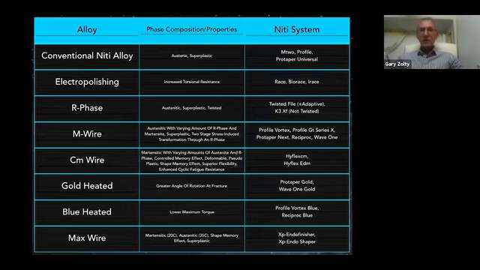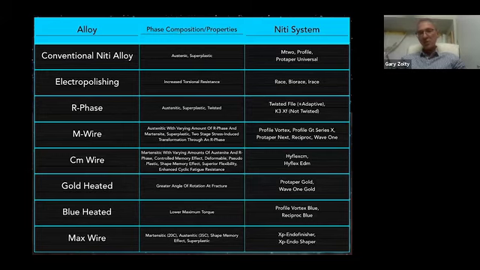For example, the ProFile Vortex, ProFile GT Series X, ProTaper Next, Reciproc, Wave One. CM wire is martensitic with varying amounts of austenite and R-phase, controlled memory effect, deformable, pseudoplastic, shape memory effect, super flexibility, enhanced cyclic fatigue resistance, the HyFlex. Gold heated increases the torsional resistance at greater angles of rotation so they don't fracture.